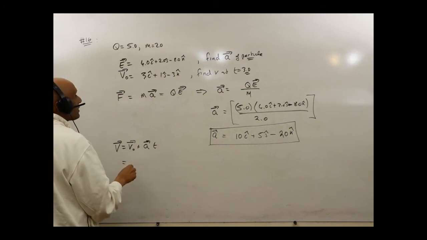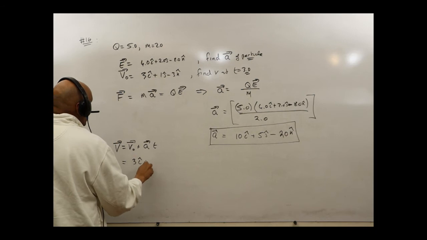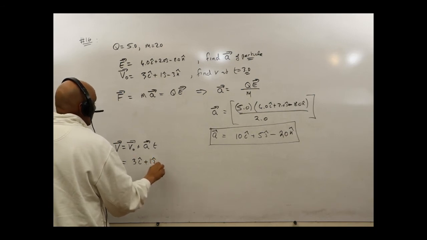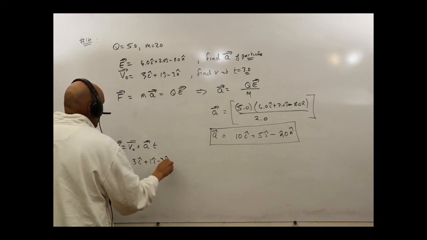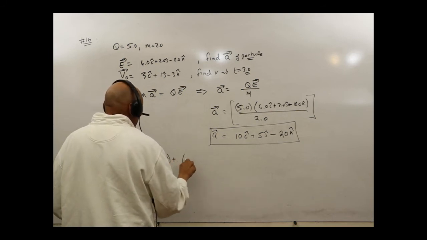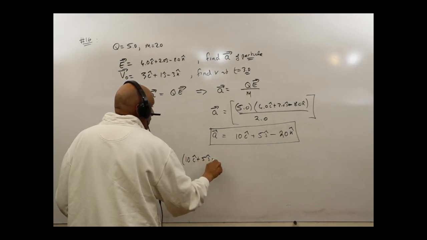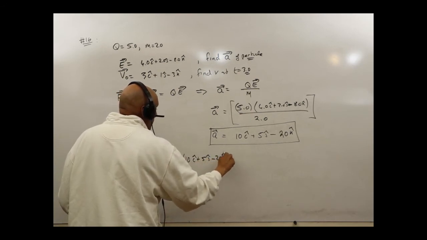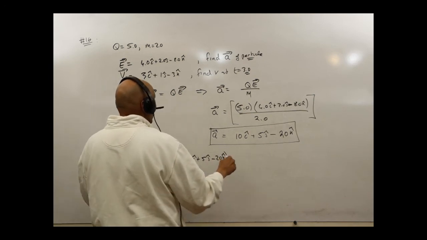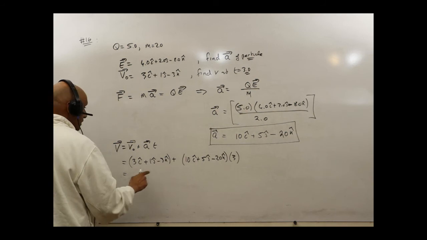So the initial velocity vector is 3i plus 1j minus 3k, plus the acceleration vector 10i plus 5j minus 20k, times 3 seconds. We just have to calculate this. I'll do it in one shot.